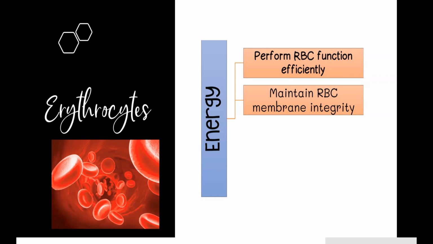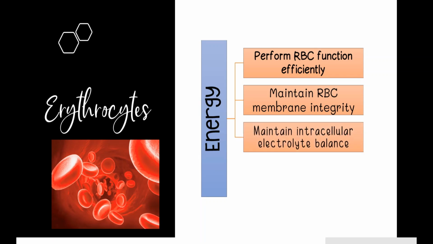and at the same time deformable. So it allows the RBC to squeeze itself through very small blood vessels without causing destruction to the cell. Likewise, the energy generated will maintain intracellular electrolyte balance, and this electrolyte balance maintains the hydration status of the cell.